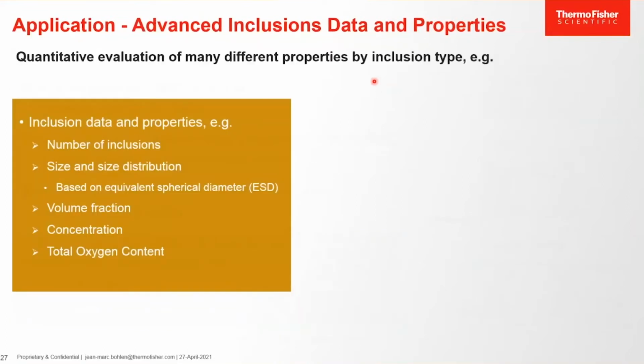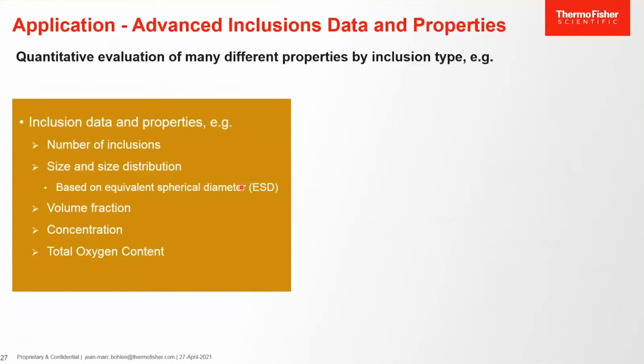Now let's see a few examples of the advanced inclusion data and properties that can also be obtained with optical emission. This is a more quantitative evaluation of many different properties by inclusion type. Some examples are number of inclusions. I don't say number of peaks in this case, but number of inclusions, size and size distribution in micrometers of the inclusions.